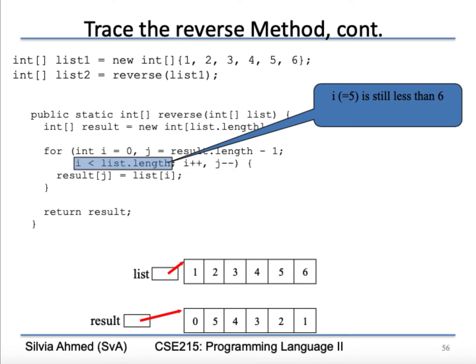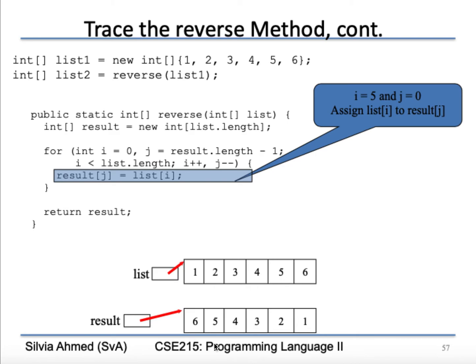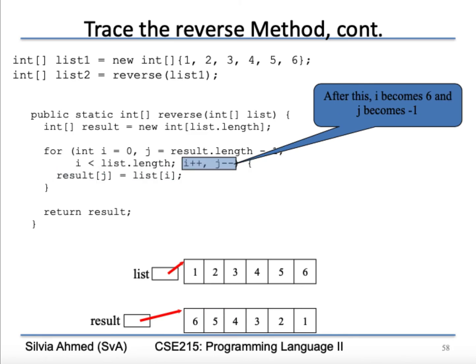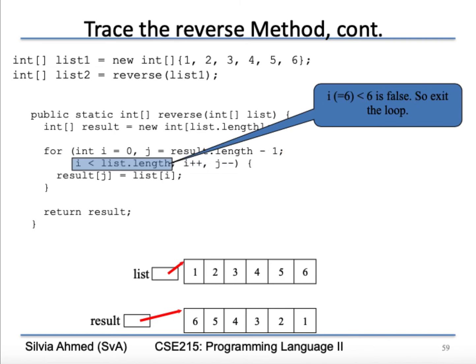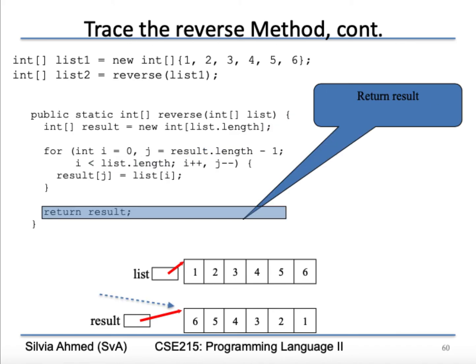So 5 is less than 6. So here this 6 is copied into the result at the 0th position. Finally, i plus plus, that means i becomes 6. So 6 less than list.length is false, so we get out of the for loop and we return the result.